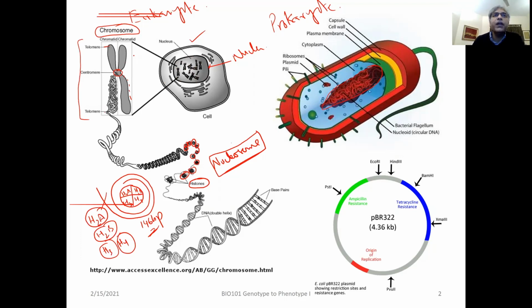In contrast to a eukaryotic cell, in prokaryotes we don't have such nucleosomal packaging. We don't have independent chromosomes. In bacteria, we have one big circular molecule of DNA or chromosome. This is the bacterial chromosome.